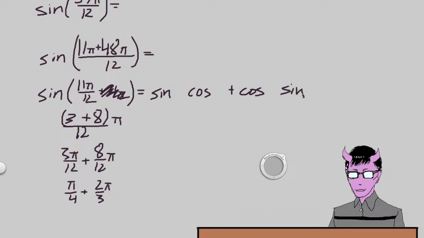Just following the algorithm, nothing particularly spectacular. So this is going to be angle number 1, pi over 4, and then we put it right here as well, pi over 4, following algorithm, and then term number 2 of the argument is going to be 2 pi over 3, and then 2 pi over 3.